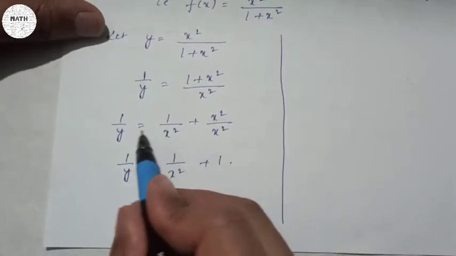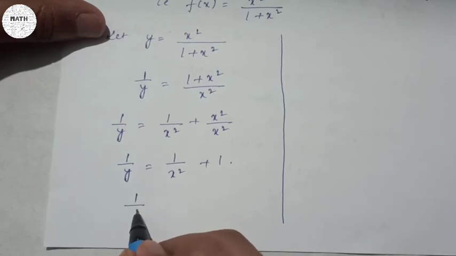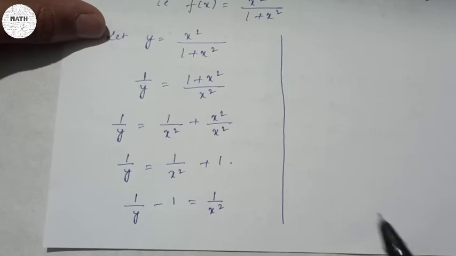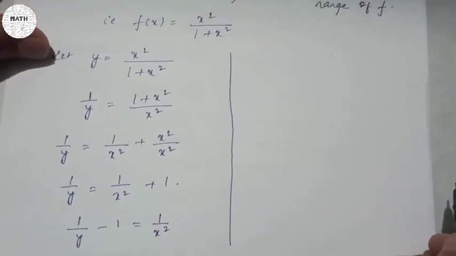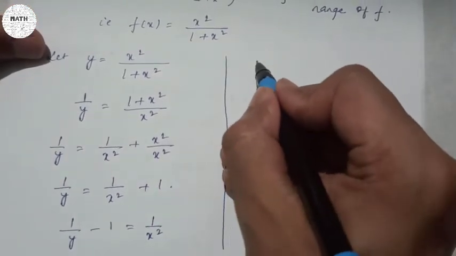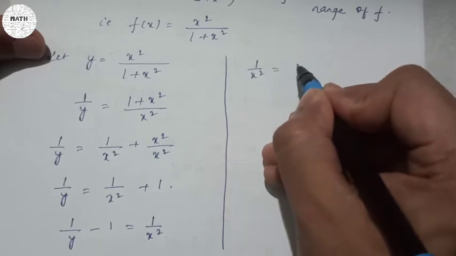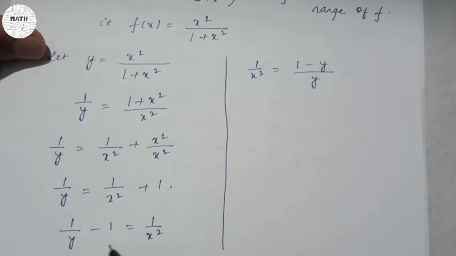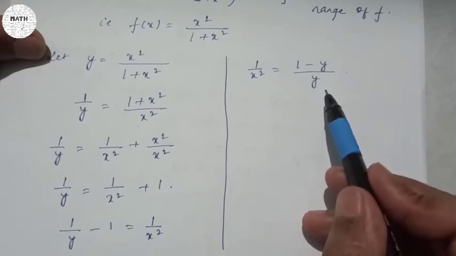So now I'm going to bring this one over here. Okay, so there will be 1 by y minus 1 is equal to 1 by x squared. So in another word, I can say that 1 by x squared is equal to 1 minus y divided by y, from here to here. I hope you're clear.